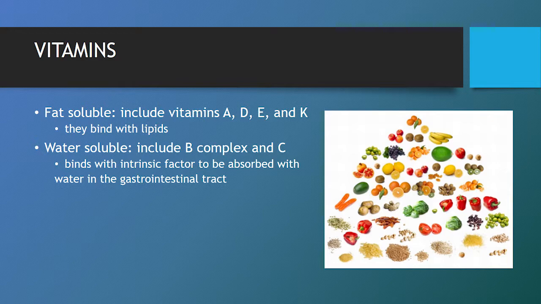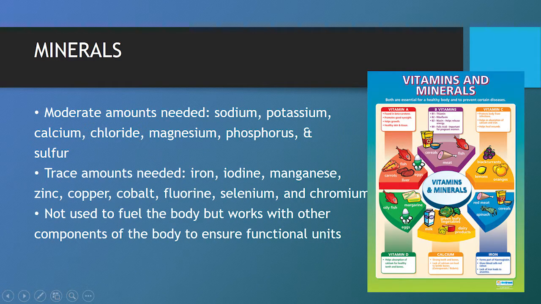Next is the minerals group, which are split up into the moderate and trace amounts needed. The moderate amounts needed include sodium, potassium, calcium, chloride, magnesium, phosphorus, and sulfur. And then the trace amounts are iron, iodine, magnesium, zinc, copper, cobalt, fluorine, selenium, and chromium.